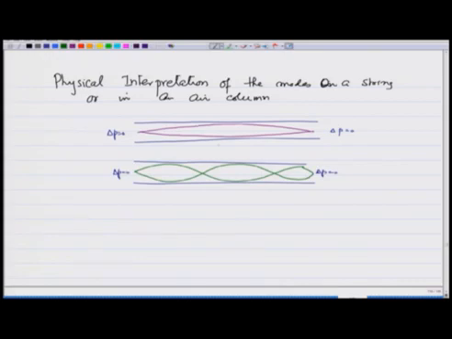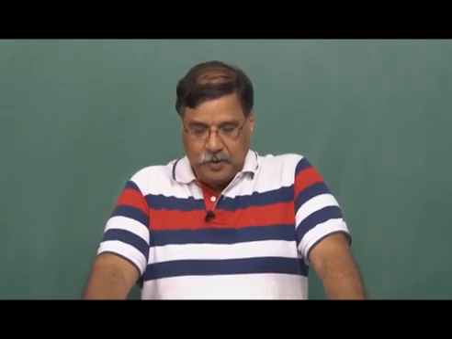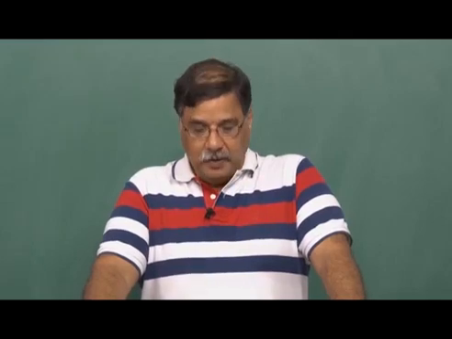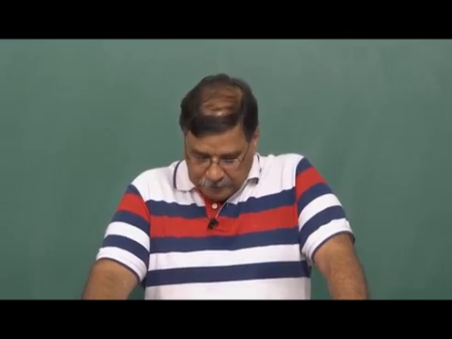So, what you have is either lambda by 2 exists or lambda could exist. This is actually 3 lambda by 2 and so on. So, the wavelengths that can exist are such that n lambda by 2 is equal to L or lambda equals 2L over n, exactly the same answer as before. And you can do similar physical interpretation for the pipe closed at one end.